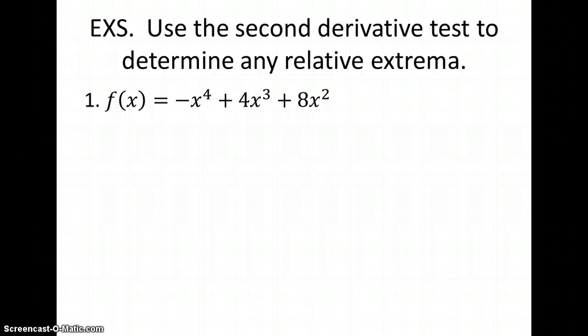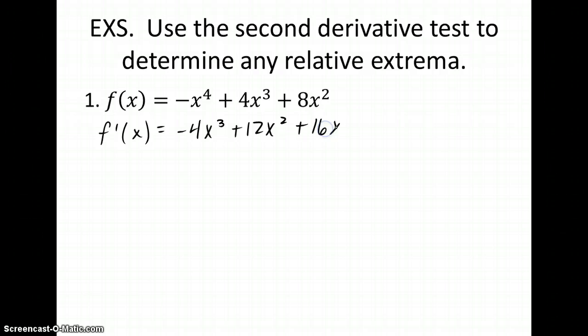Use the second derivative test to determine any relative extrema. So the first derivative is negative 4x cubed plus 12x squared plus 16x. For the second derivative test, find where the derivative equals 0, and then plug those values into the second derivative.